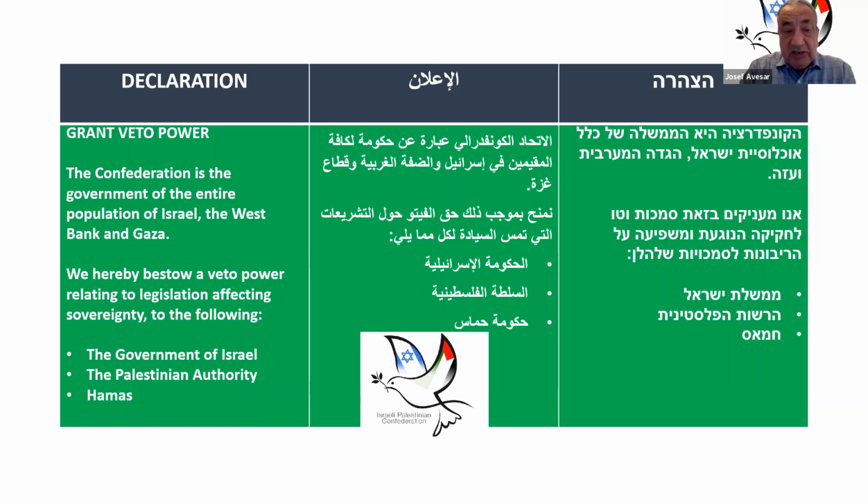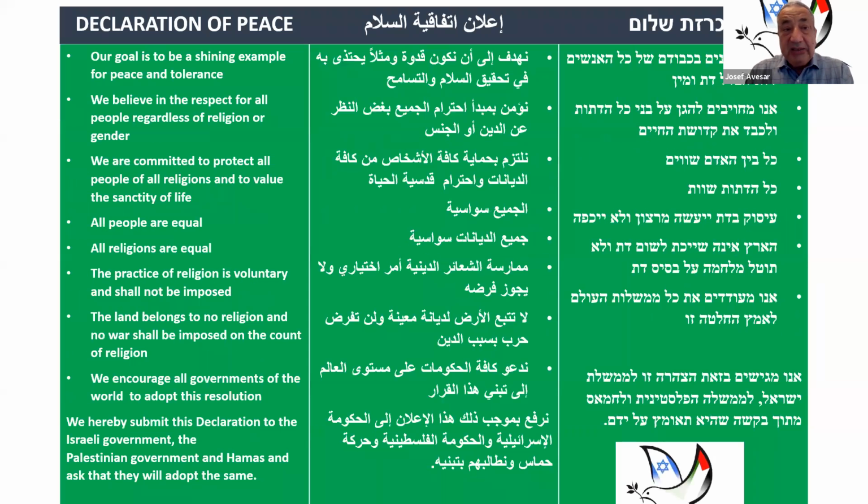We believe at this time that the governments that have power are the government of Israel, the Palestinian Authority, and Hamas. And we want to get their cooperation to make peace. Our goal is to make peace. And we do not want to be enemies with those entities. So therefore, we give them a veto power. But let's go to the next legislation, and that's the Declaration of Peace.